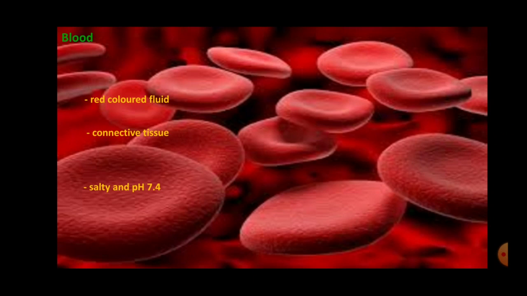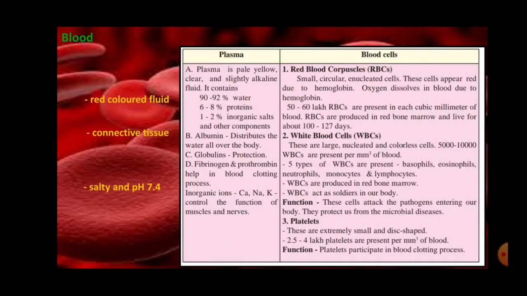These platelets are very small and they are disc shaped. So, in total, the blood is divided into two: plasma, the liquid part, and the three types of blood cells: RBC, WBC, and platelets.